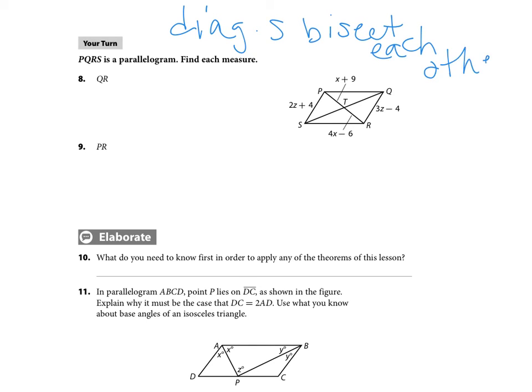Take a couple minutes to finish these 2 problems and then make sure you check the Your Turn answers that are posted online so that when you come back to class tomorrow, you're ready to just jump right into the evaluate, doing some more proofs and some of these missing piece problems.